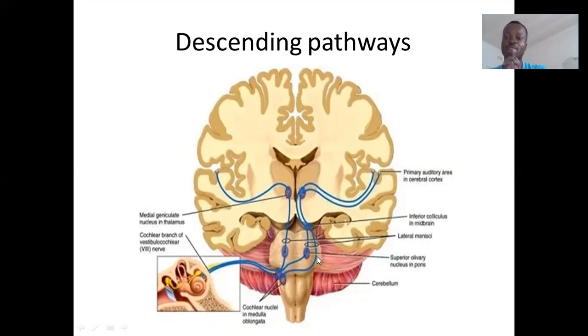And also, remember what is known as the reticular formation. The reticular formation, when sound is high, is going to send communication fibers to the trigeminal nucleus and the facial nucleus, because within the middle ear you have the tensor tympani muscle that is a derivative of the first pharyngeal arch, as well as the stapedius muscle, which is a derivative of the second pharyngeal arch, being supplied by the nerve of the second arch, which is your facial nerve.